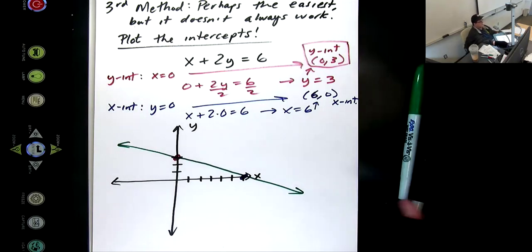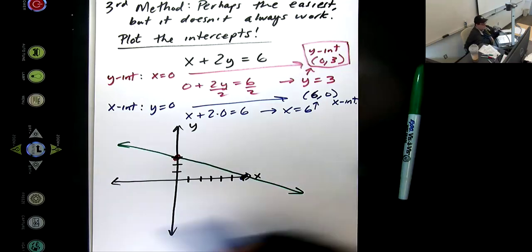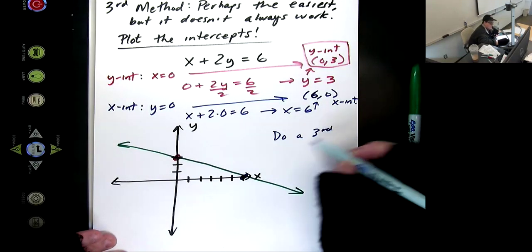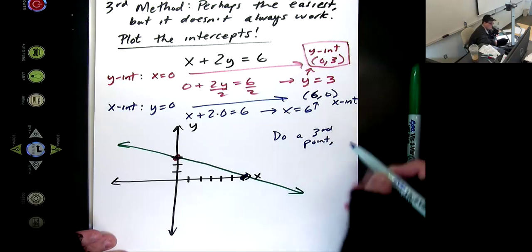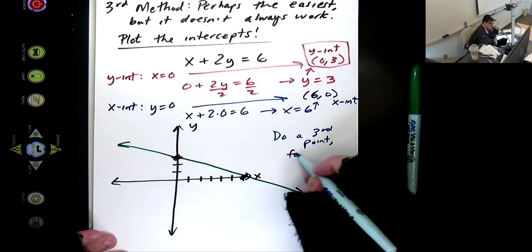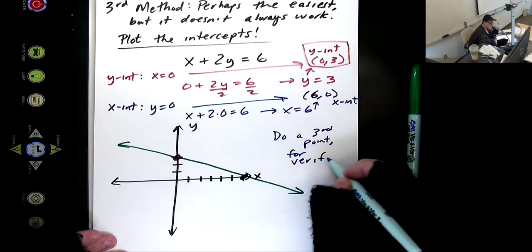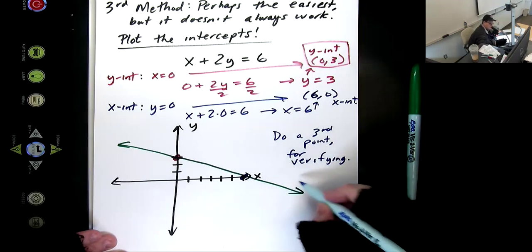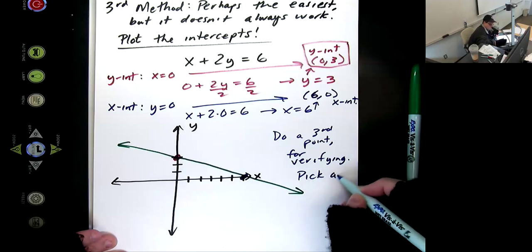When you do this method, you probably want to find a third point for verification. It usually helps to pick an x value that's in the middle, an x between the two you have.